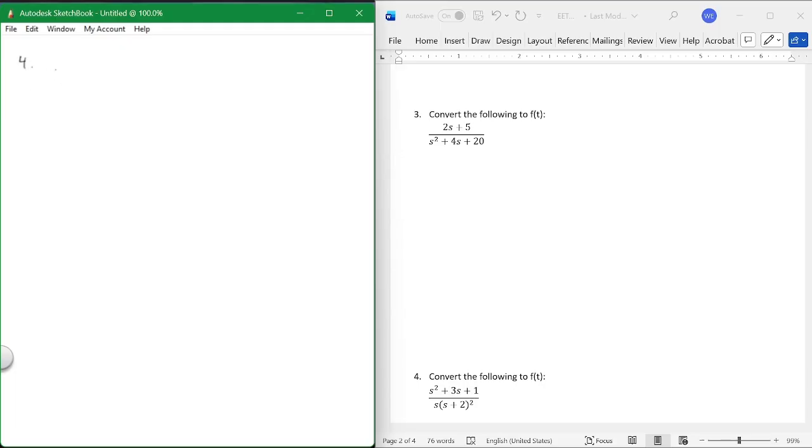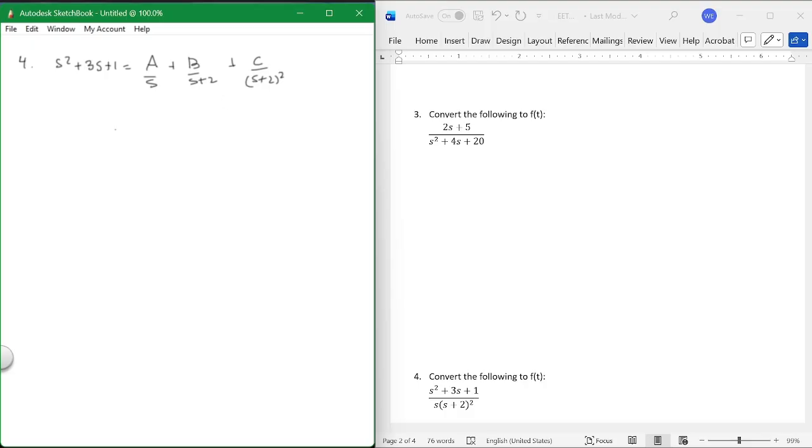Okay, this one is s squared plus 3s plus 1 equal to a over s plus b over s plus 2 plus c over s plus 2 quantity squared.